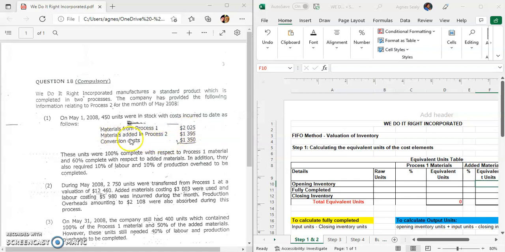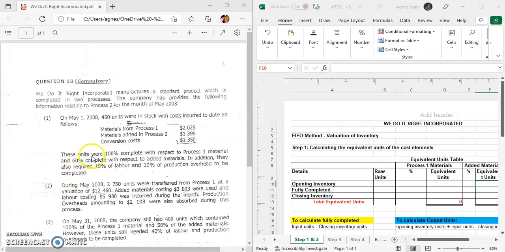The materials that were added in process 2 cost $1,395 and conversion cost was $1,350. Now remember we stated that conversion cost is a combination of our labor expenses and production overhead. If you don't have any other expenses, then the conversion cost will be just labor and production overhead.